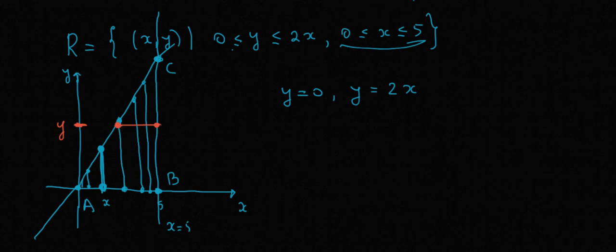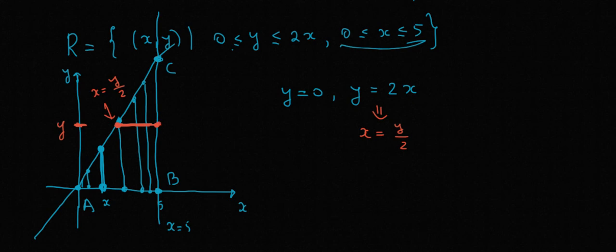This cross section is the interval that our integration should be over, and you see that the left end point of this cross section lies on the line y equals 2x. To determine the x coordinate we solve for x: x is equal to y over 2, and so the left end point of the cross section has x coordinate equal to y over 2.